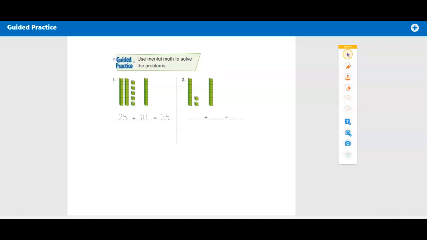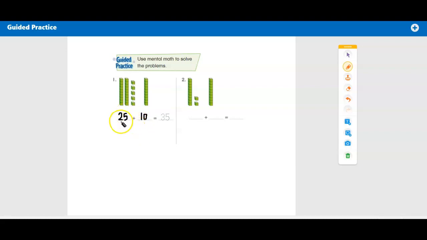For our guided practice on page 406, we are going to use mental math to solve the problems. An example of the mental math we saw in our video is when we are adding the tens place together and then the ones place. Let's look at number 1. The models show 2 tens and 5 ones, so 25 plus 1 ten, which is 10.